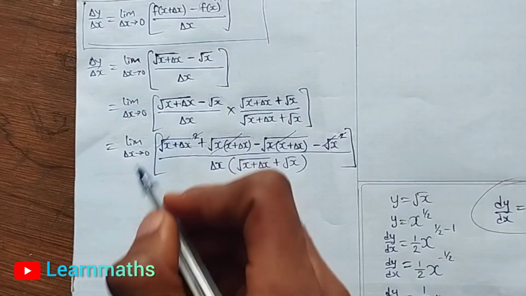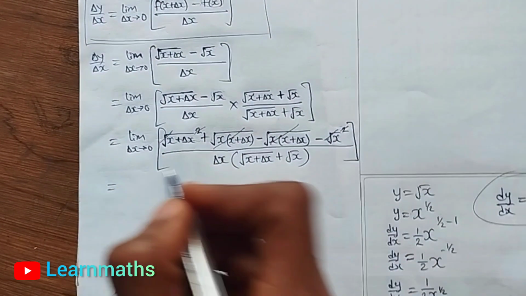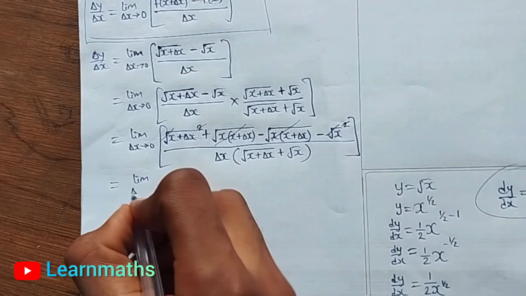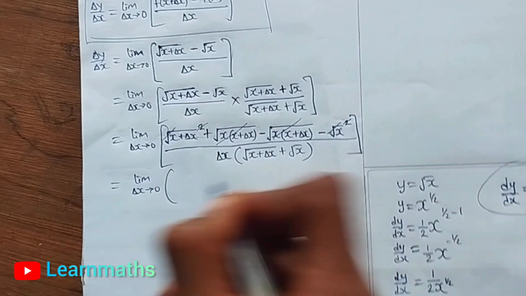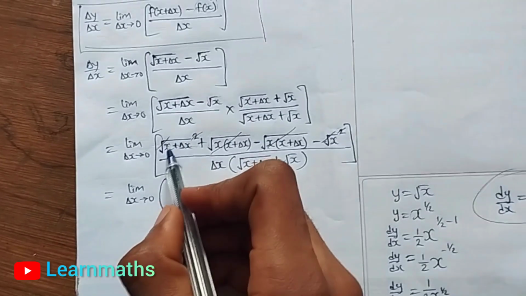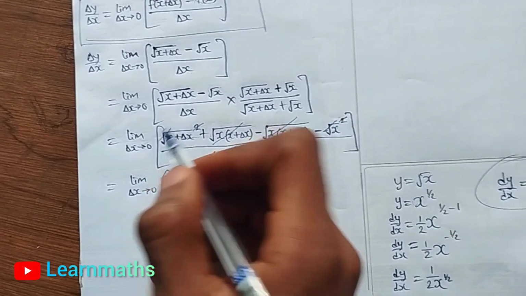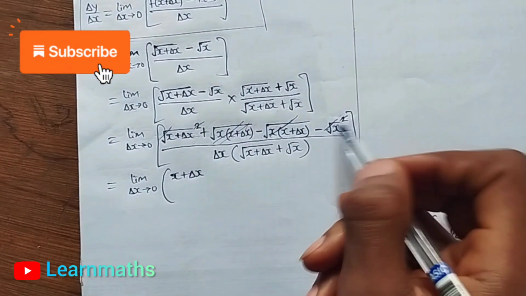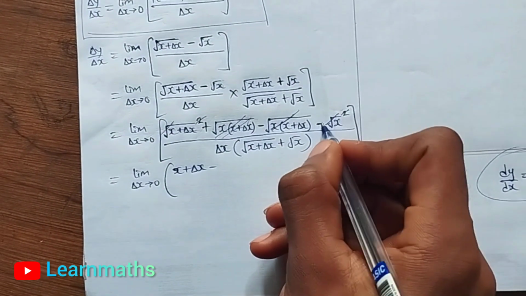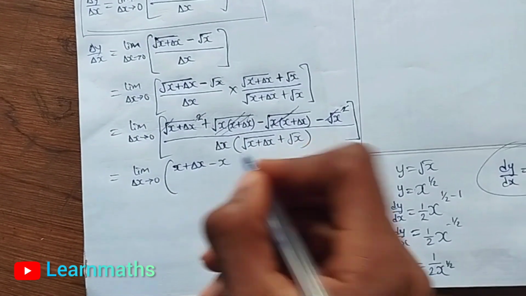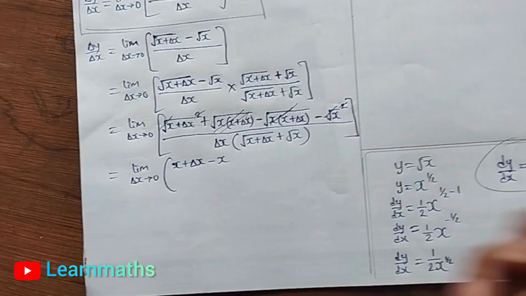This as well is going to cancel this square root. So what are we left with? We're left with the limit as change in x approaches 0 of what? Now, we have x plus change in x here, right? After cancelling the square roots. Then we have x here, with a negative sign, negative x, right? That's what's left of the numerator.